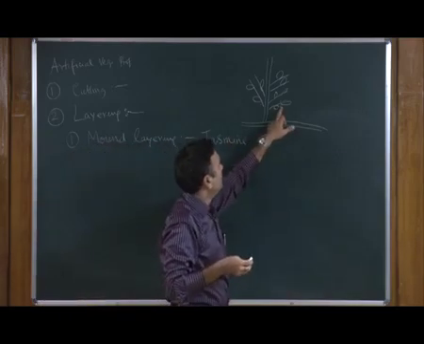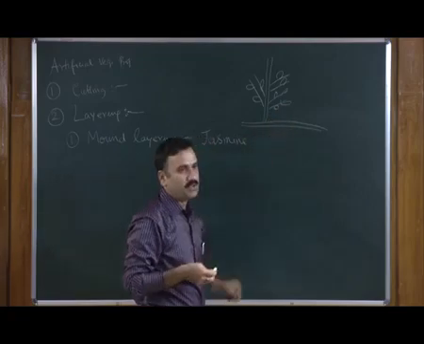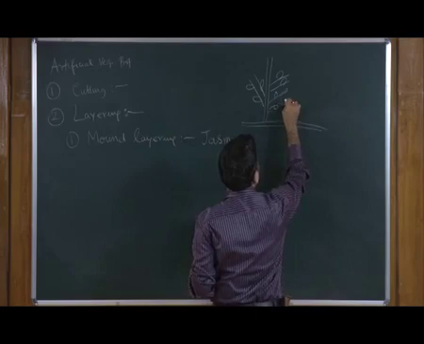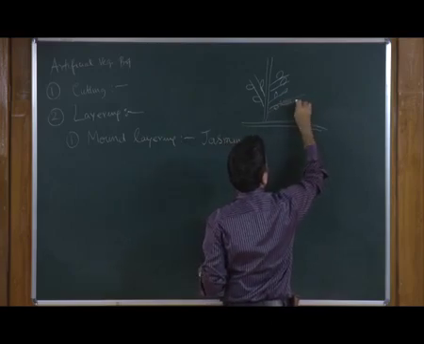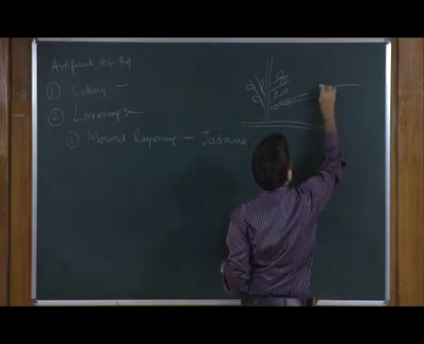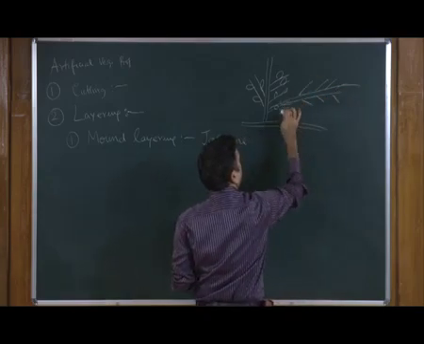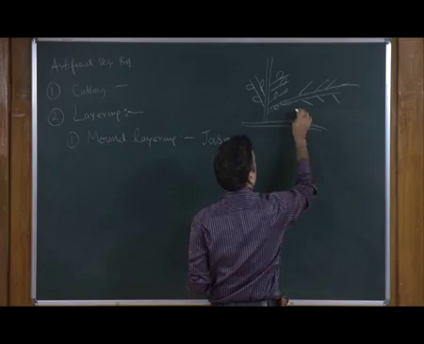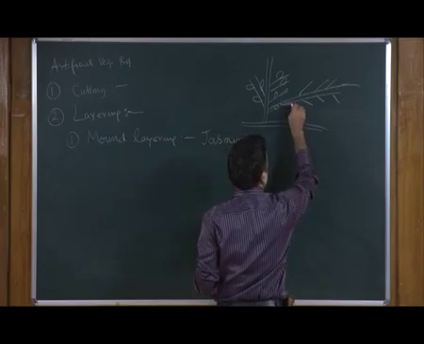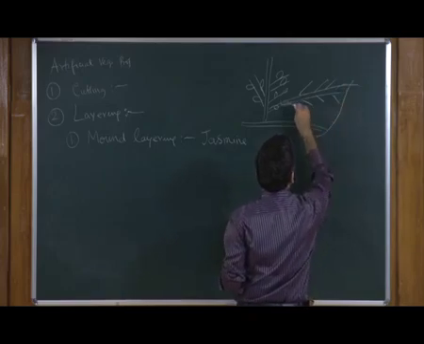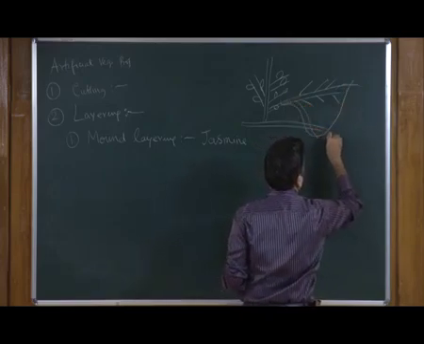You can take the branches which are closer to the soil. Suppose you take this branch, which goes straight like this. Since this branch is closer to the soil, you can take it and dump it into the soil.